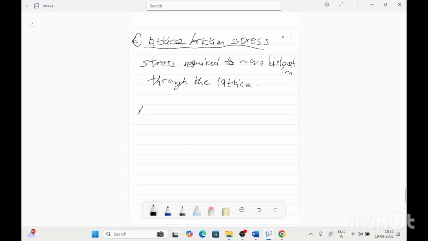So the change in stress is given as 5.22, 1 by 3, r square root of r, then square root of shear modulus b square and the sigma p minus sigma m.